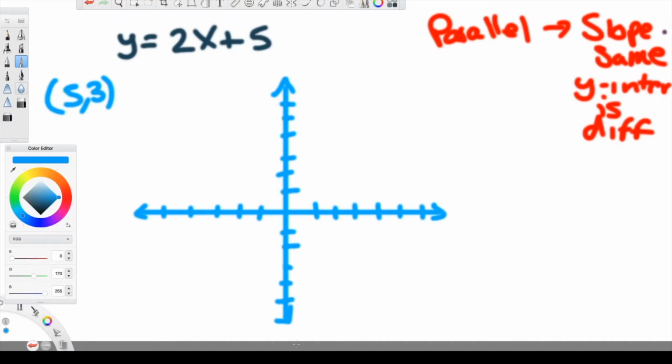So we have the coordinate plane that I drew here. And they want us to find the parallel line from this equation, and it goes through the point 5, 3.